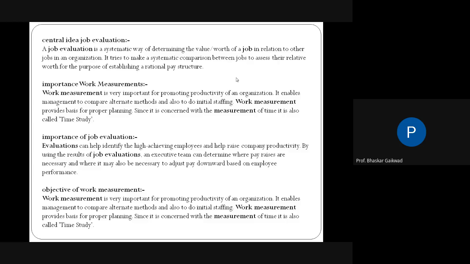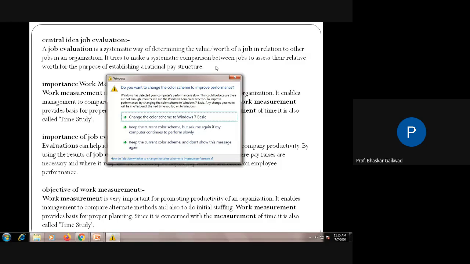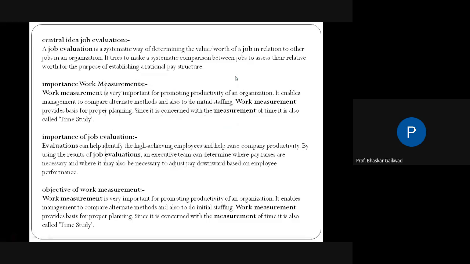Work measurement is very important for productivity of the organization more than production. It helps management compare the different alternative methods and make use of them for increasing production and productivity. Apart from this, this technique is also very useful to increase the quality of the production.